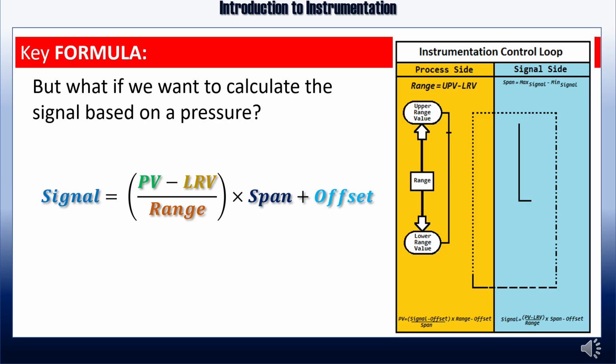So we take the lower range value out. Then we divide that by the range. Once we have that, we multiply it by the span of our signal. And then, just like before, we add back the leftovers, the lower range value. If there's any offset, we have to add that.